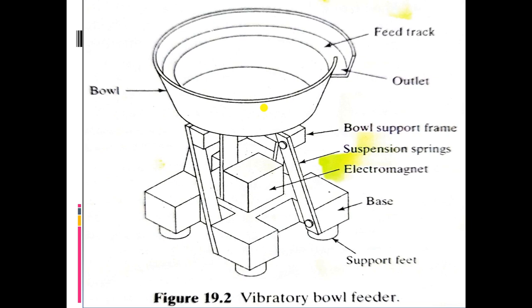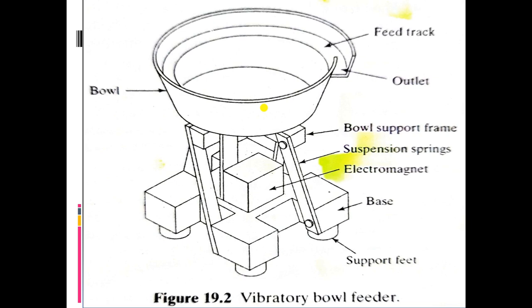Then next is selector and/or orienter. These elements of the delivery system establish the proper orientation of the components for the assembly workhead, and it's a device that acts as a filter, or it will take the part in the right orientation to pass through.